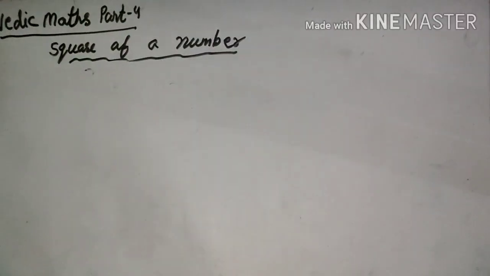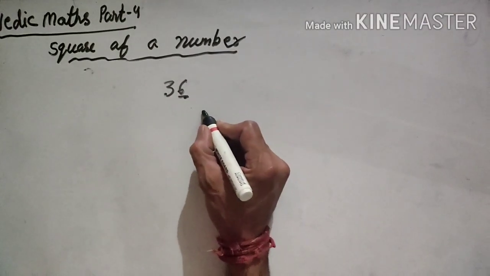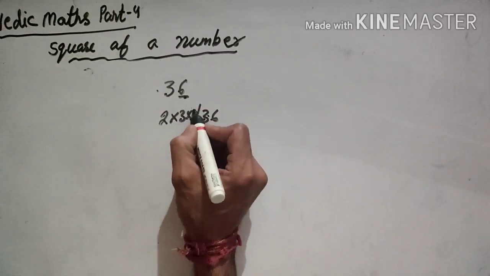Now square of 36. First 6 square is 36. 2 into 3 into 6.